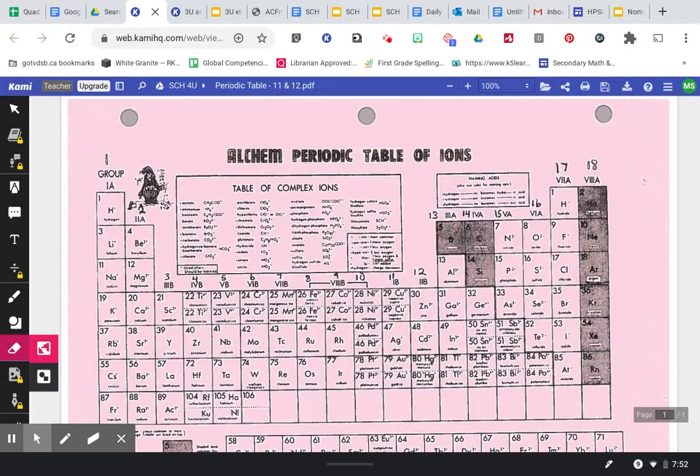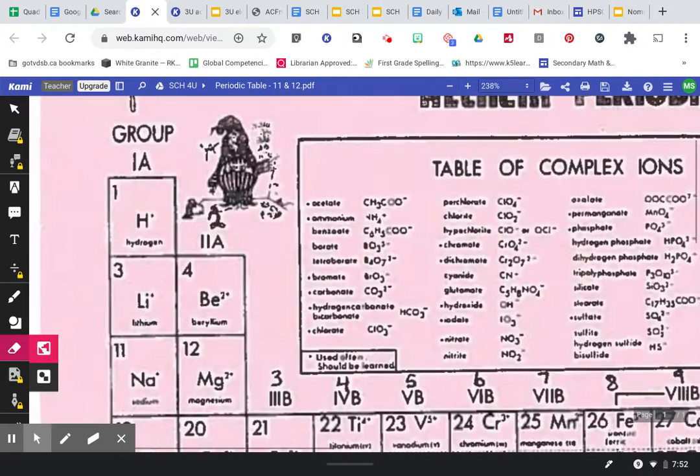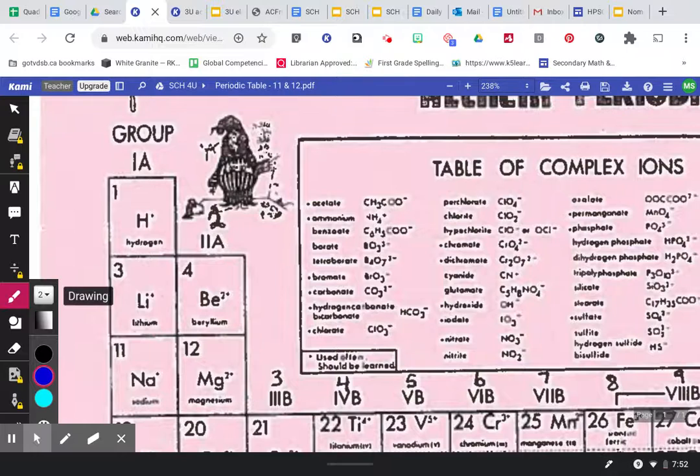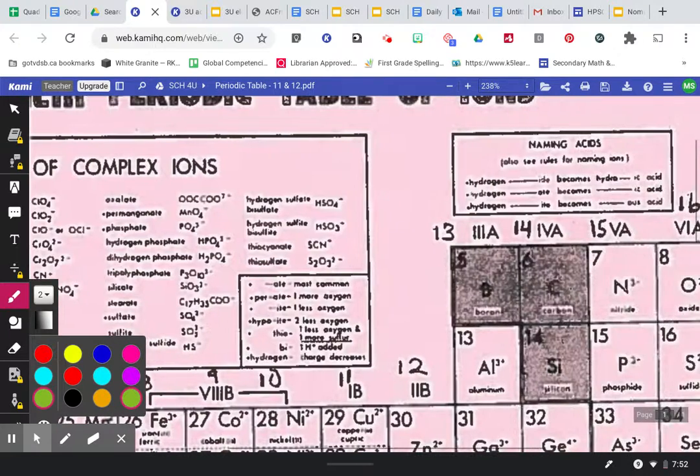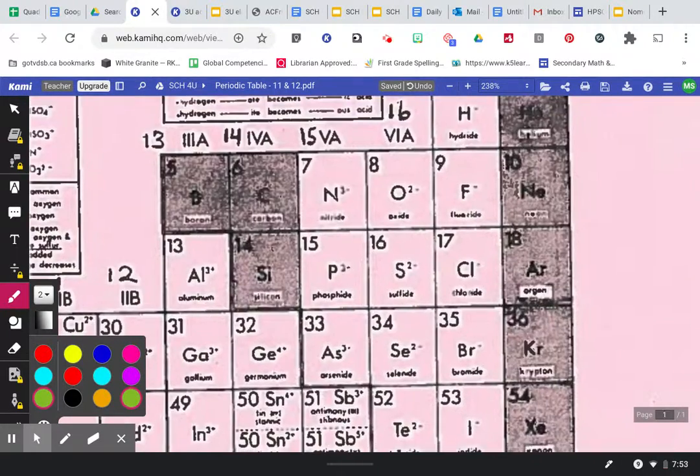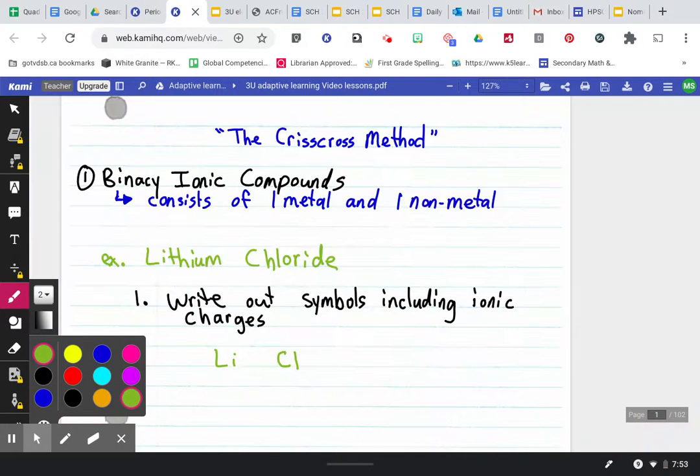So lithium, right here, we can see that our lithium is Li+, and way over here, our chlorine is Cl with a negative symbol. So our lithium charge is +1 and our chlorine is -1.